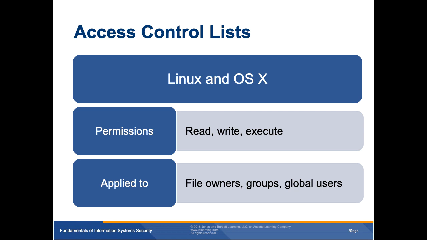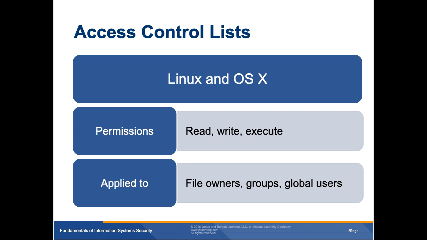Access control lists for Linux and OS X, right? So file permissions are based on read, write, or execute. Those are the three permissions, and they get applied to owners, groups, and global users, right? So every file has an owner, and that owner has read, write, or execute for that file.